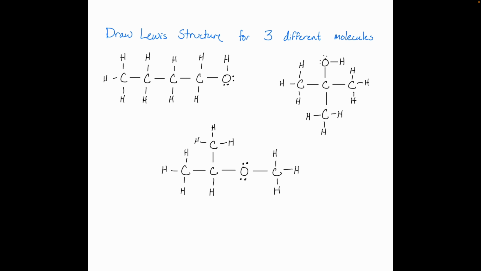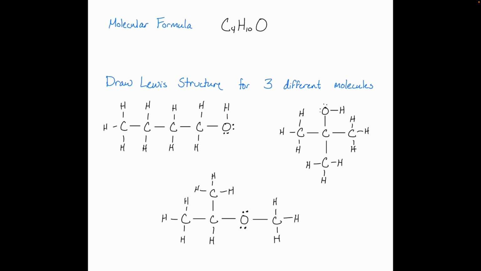All right, so you may have come up with different examples than I have here. Most importantly, though, you'll know that your structure is correct if your carbon has 4 bonds and 0 lone pairs, your hydrogens have 1 bond and 0 lone pairs.